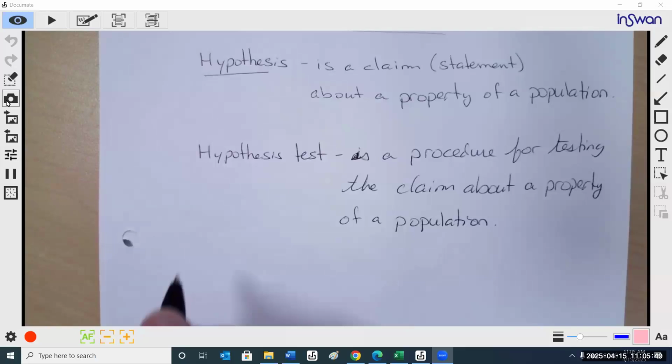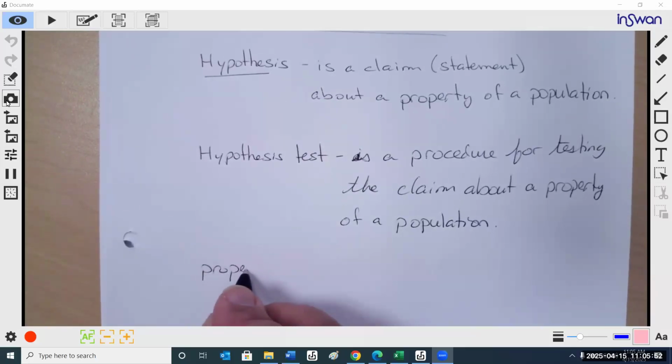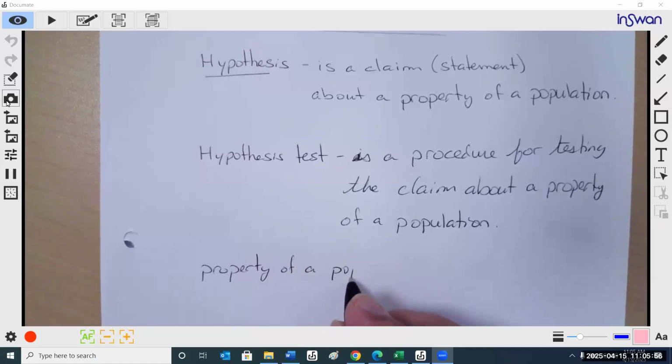So what do we mean by a property of a population?